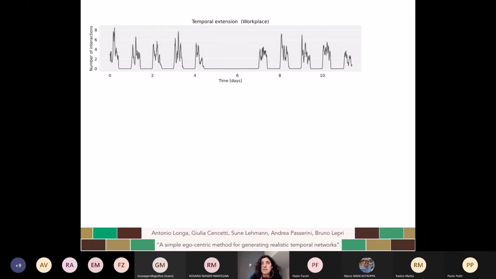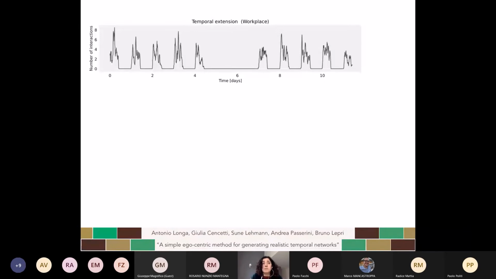Think, for instance, about a simulation of a spreading event. If we have only a short data set, we are not able to see the long-term effects of this event.